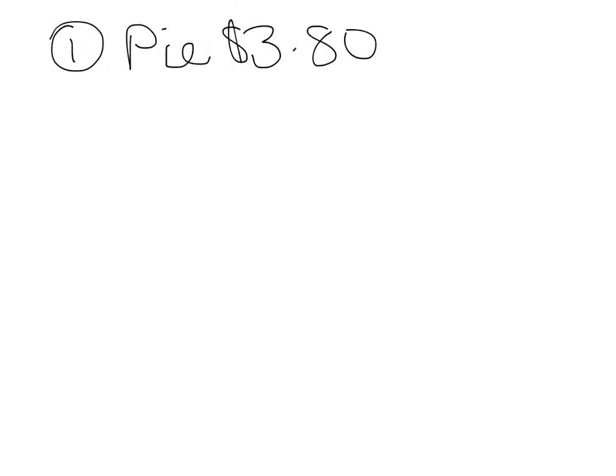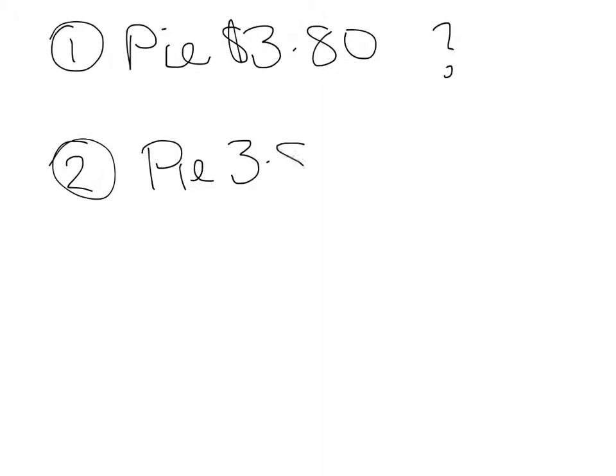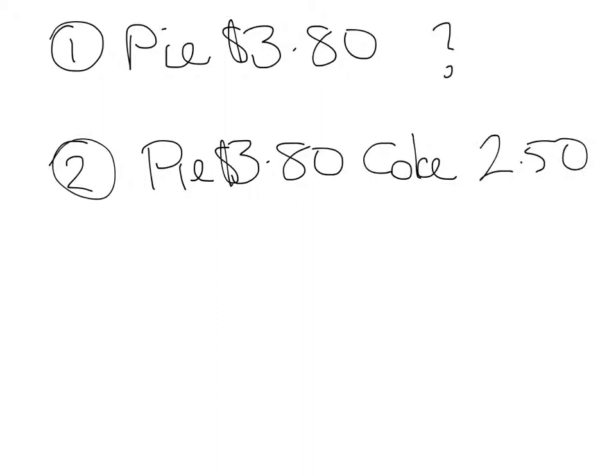Now the challenge for you, knowing what you know now, is let's say that example 1, a pie is now worth $3.80. How would you work that out? Example 2, let's say that a pie is now $3.80 and a Coke is now $2.50.